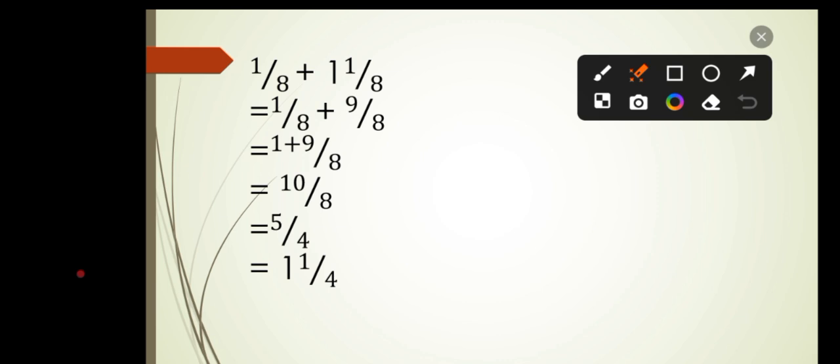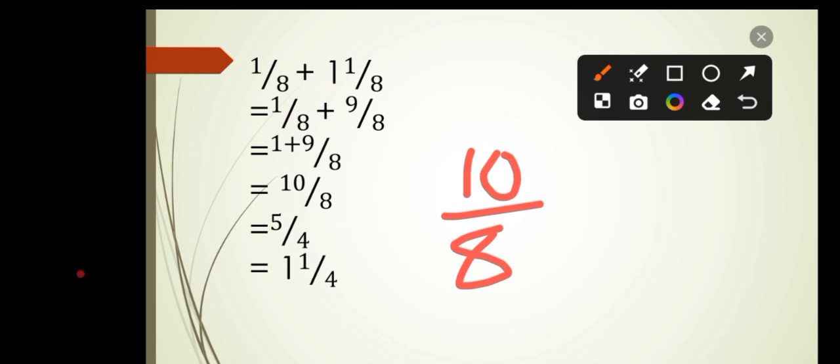We take the denominator 8, one of them. That's how we have 1 plus 9/8, which gives us 10/8.